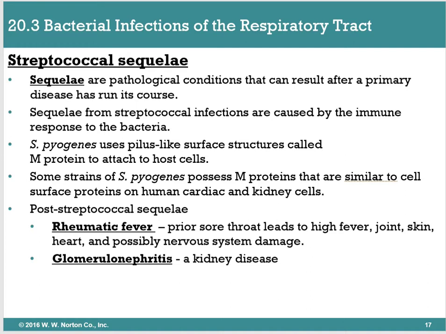Now, if it attaches to your kidney cells, I'm not even going to attempt to say that because I think y'all will just get too much of a giggle from it. But with a kidney disease, then you will have a presentation of this. So just keep that in mind, where strep can also cause a clinical presentation later down the line, even after you're done having the first primary infection.